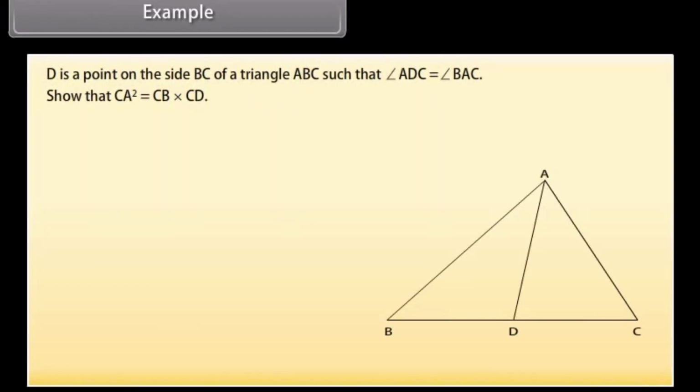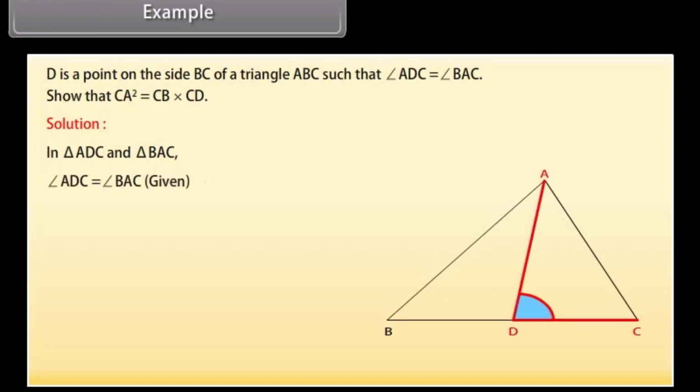D is a point on the side BC of a triangle ABC such that angle ADC is equal to angle BAC. Show that CA square equals CB into CD. Solution. In triangle ADC and triangle BAC, angle ADC equals BAC is given.